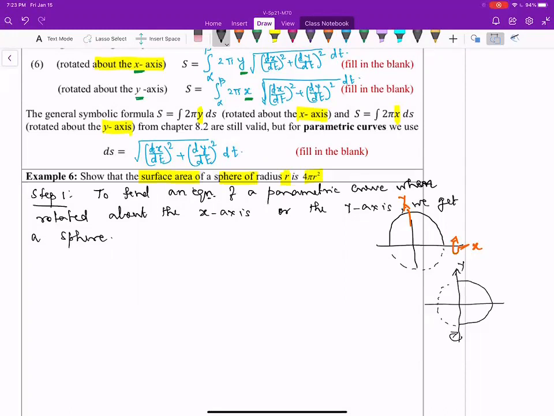So we'll assume that these semicircles have radius r. We will consider one of them, and take this one for our example, the upper semicircle.